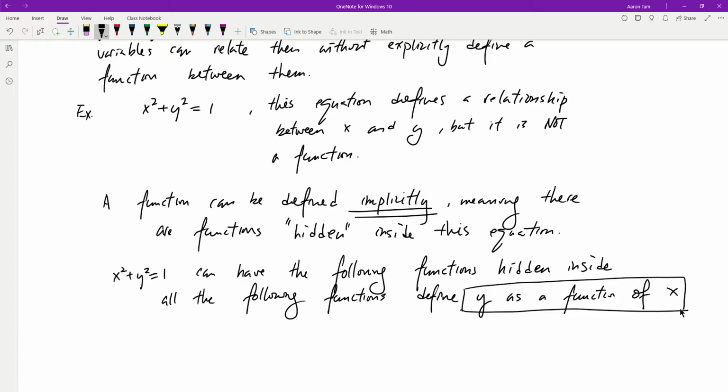So something worth writing down for yourself: in this expression right here, when I say define y as a function of x, we're basically defining y to be our dependent variable, our output, and x is our independent variable.